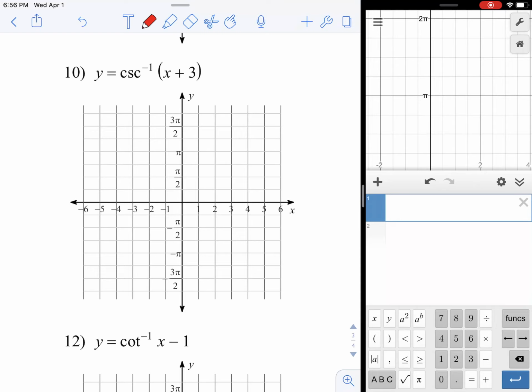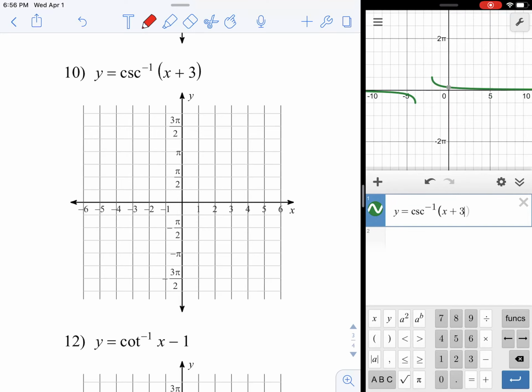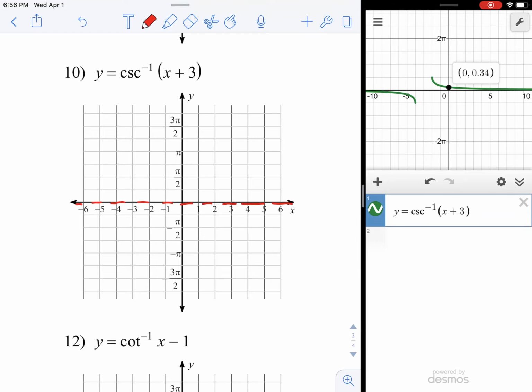All right, number 10. Y equals inverse cosecant x plus 3. And hit the home button so I can see what I'm looking at here. Okay, so it looks like the x-axis is actually an asymptote. We've got y-intercept right there, really close to the origin. Let's see, what is this point? Can I tell?